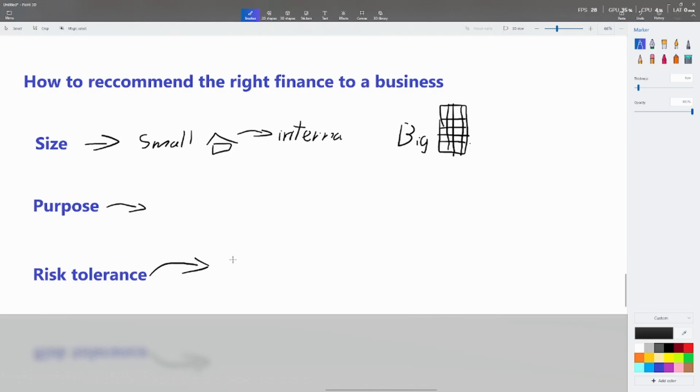Small businesses cannot take a lot of risks, meaning that you have to really understand what you actually can take. And then you have to understand that big businesses can take more risks, they can take better loans.